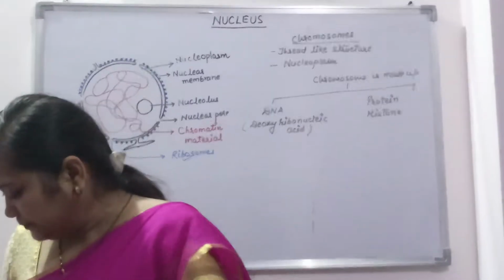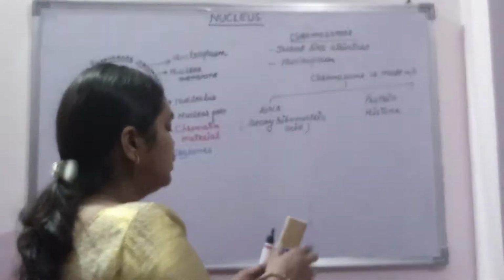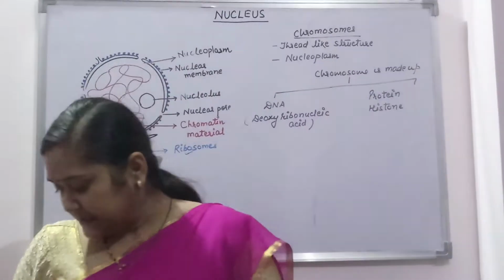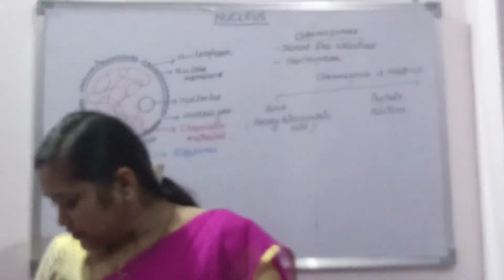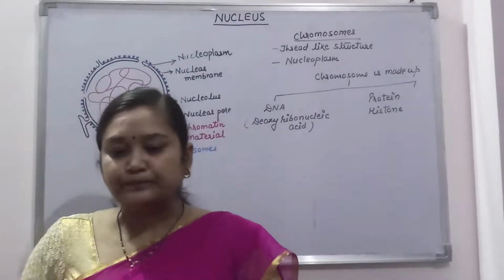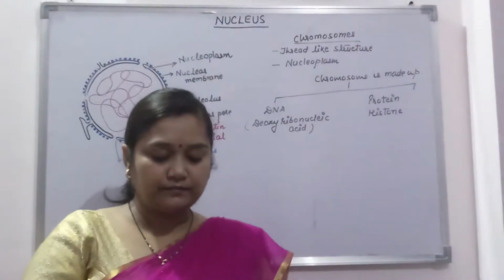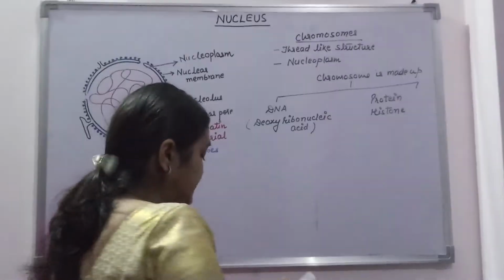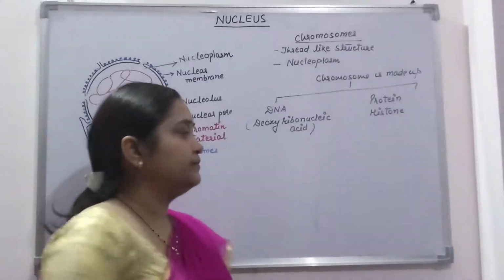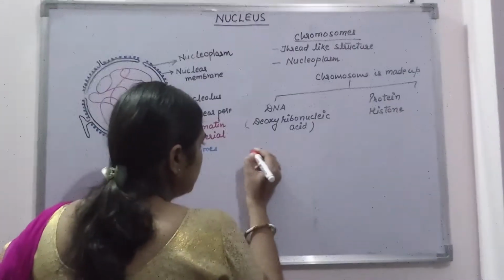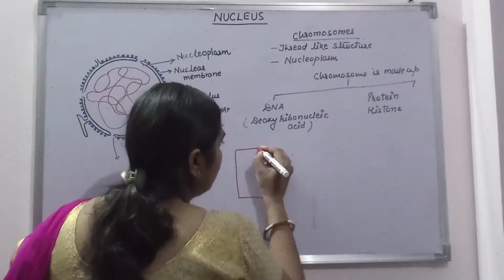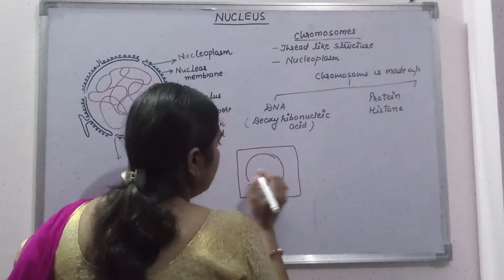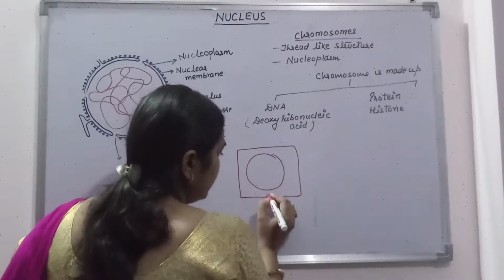See student, I am going to show you how the chromatin is converted into chromosome. As I told you, if the cell is not dividing, this is the non-dividing cell. Okay, this is the nucleus.